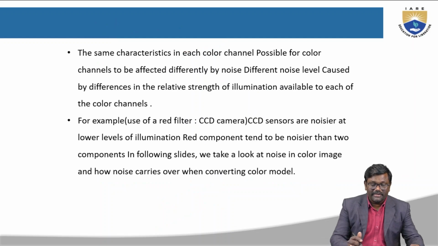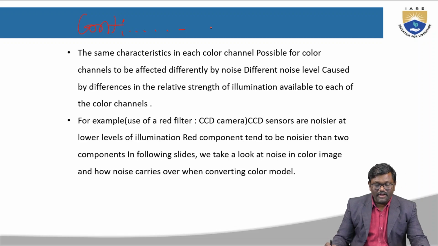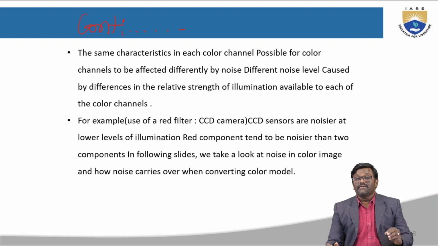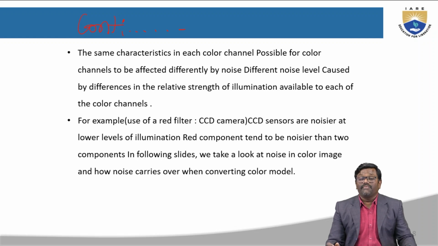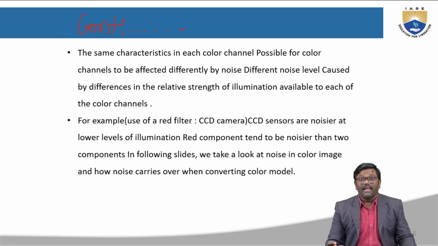We continue to understand what we call color image compression, in continuation of preparing the functional block diagram. Each and every one works in terms of characteristics in each color channel. It is possible for color channels to be affected differently by noise, with different noise levels caused by different relative strengths of illumination available to each of the color channels.